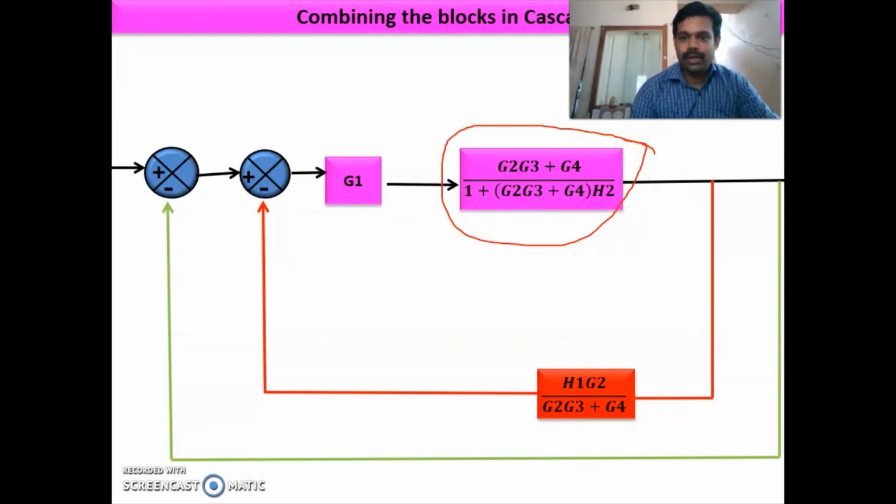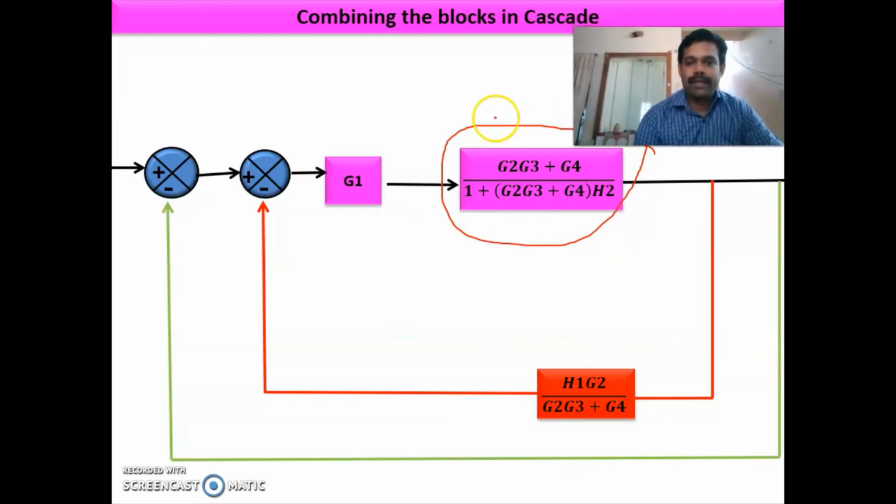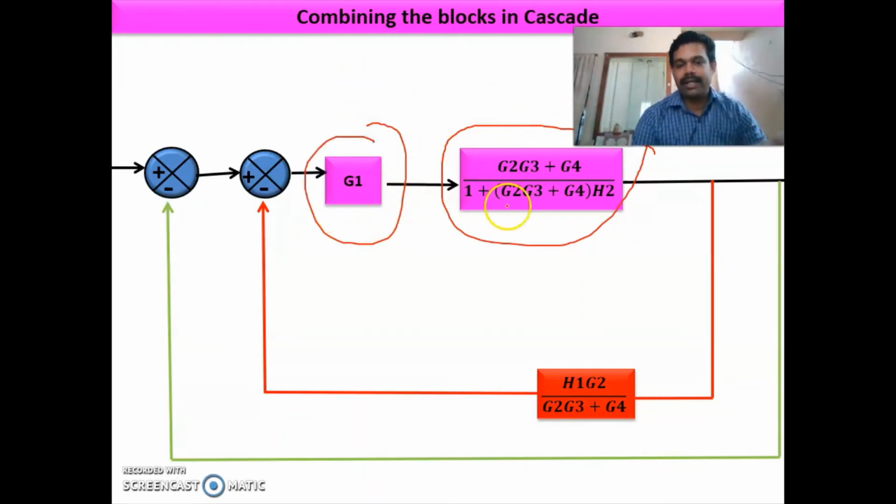Now you have two blocks. This block and this block are in cascade, so we are going to combine these two cascade blocks into one block. If you have two cascade blocks, the gain of the combined block is the product of the gain of this block and the gain of this block.